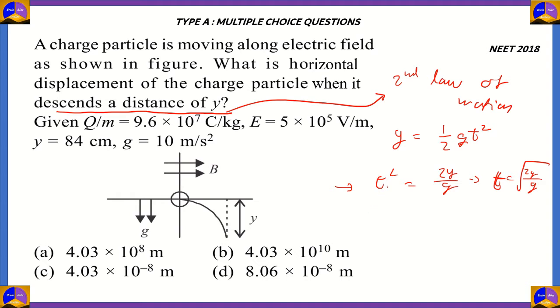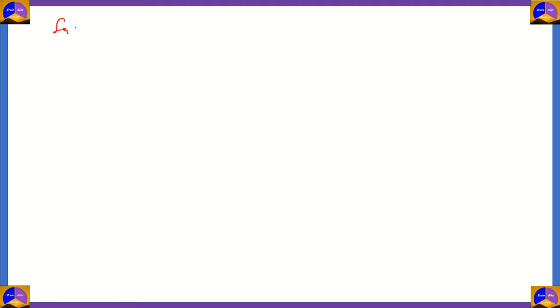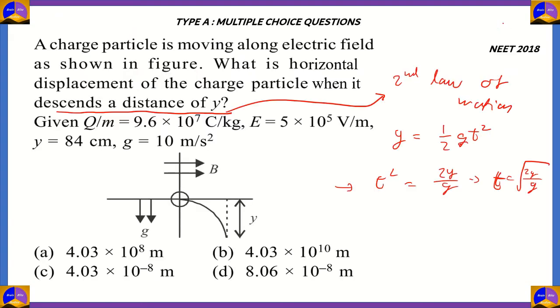Now for the x-axis, we again use the same formula. X, that is the displacement, equals half acceleration along x times t squared. Now acceleration here can be written down as QE divided by m, where Q by m is the charge per mass and E is the potential per meter.